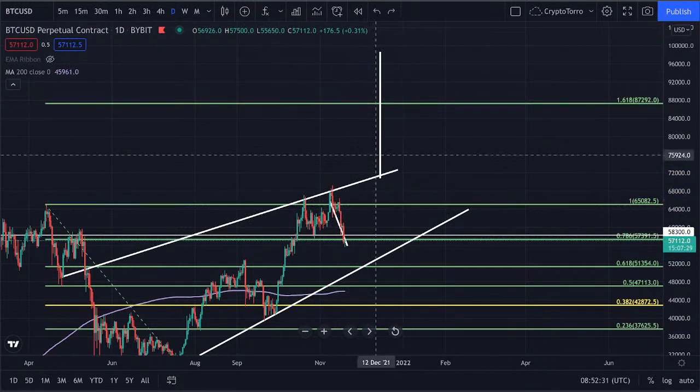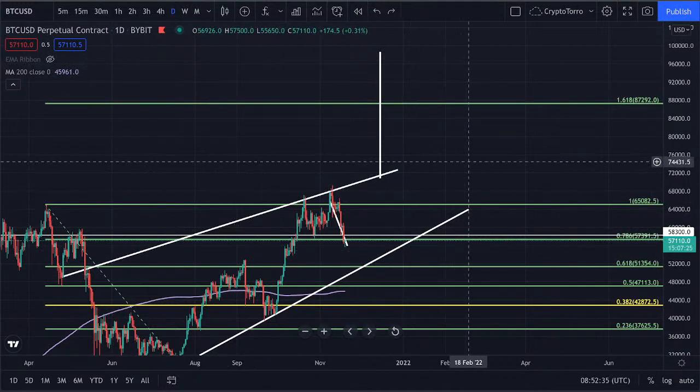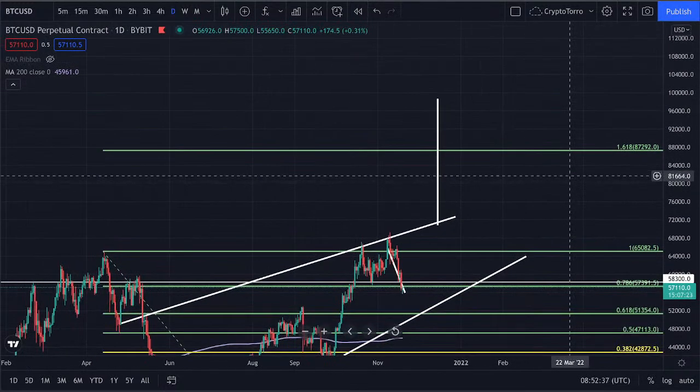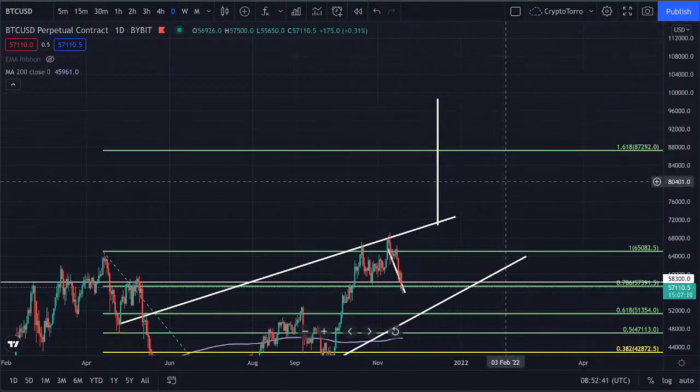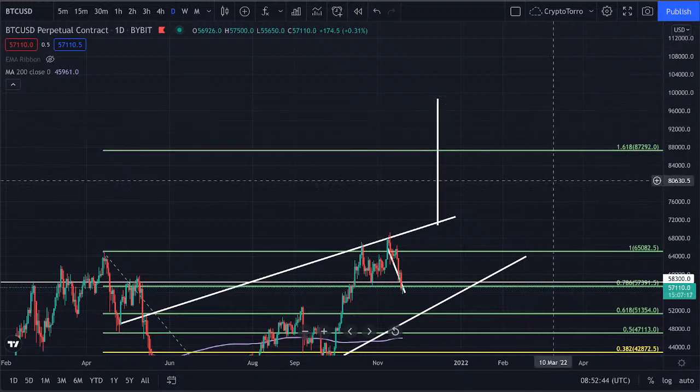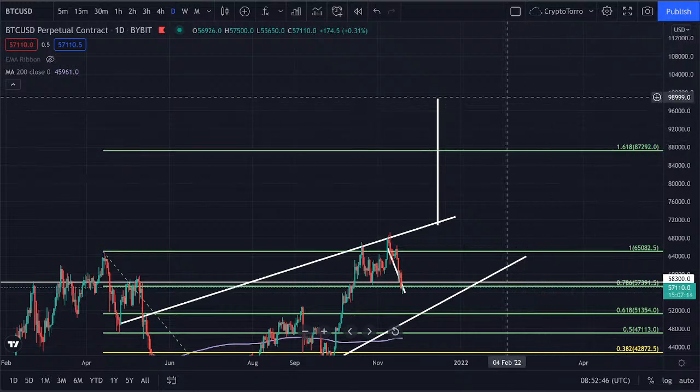But if we are seeing a breakout occur above this ascending resistance, what is most important is that we are heading above $87,000, and once more, as predicted, all the way towards $98,000, so almost $100,000.